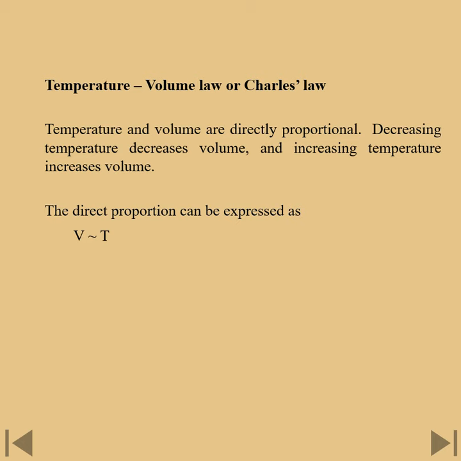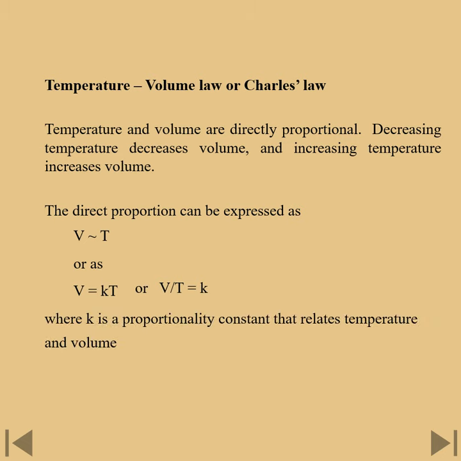And we can write this proportionality as the volume is proportional to the temperature. Essentially the volume is equal to a constant times the temperature, which we could rewrite as the volume over the temperature is equal to a constant. And we're going to do the same thing we did in the last problem.